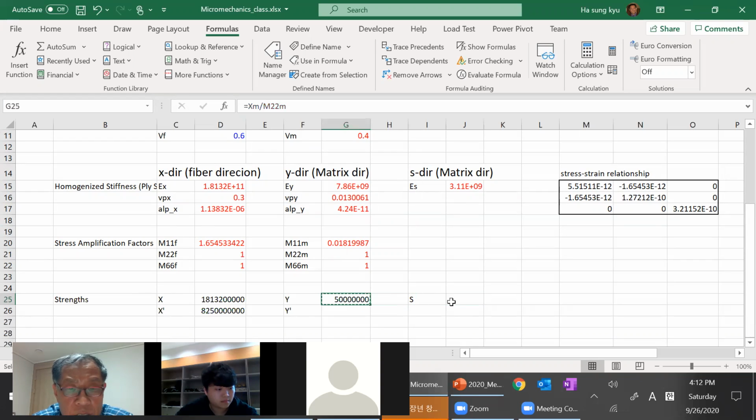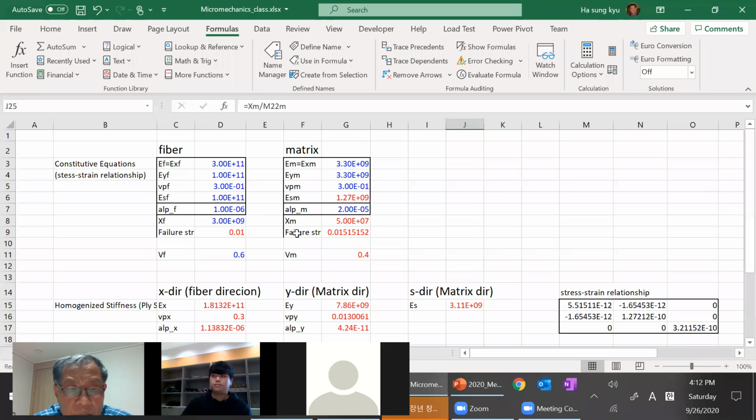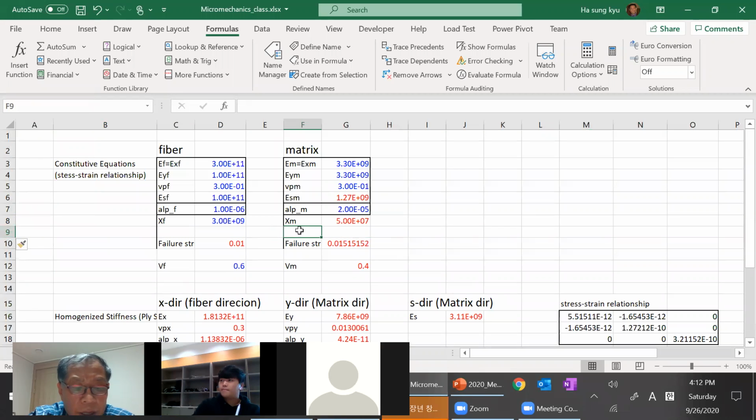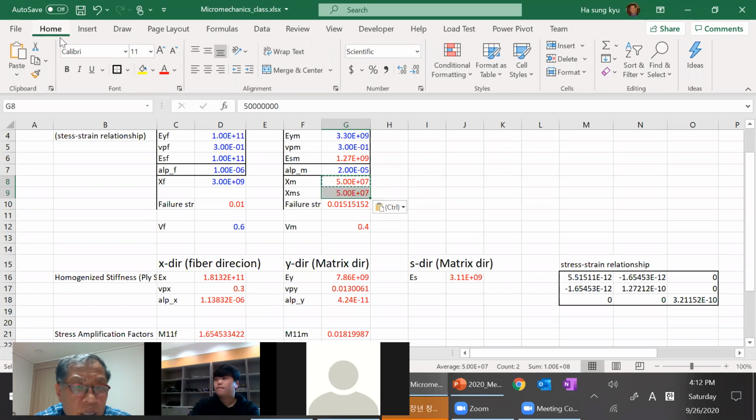We can see here is the same here. And instead of xm, we can say not just xm, but also xms, because the matrix can have its own shear failure, which we can define, okay? And this is the material property.